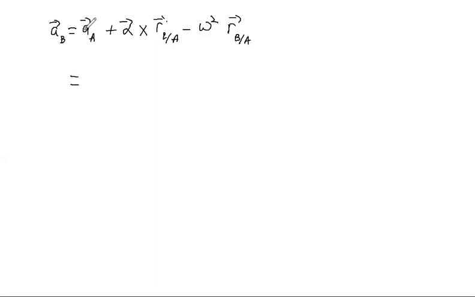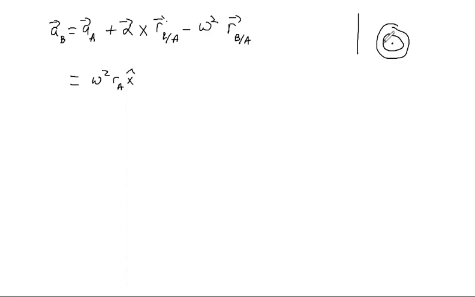This equals omega squared R_A x hat. Alpha is in the z direction, and R_AB. Oh, I need to find that here. So let's go over to the side and find that. Here's my wheel. Here's my smaller wheel.